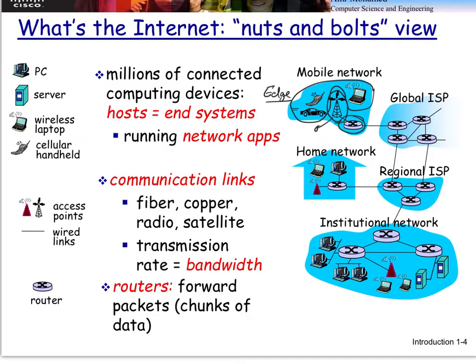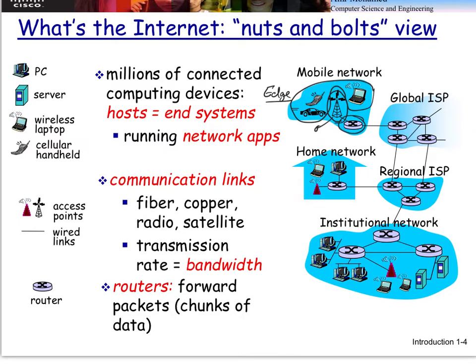Of course, from a geographical point of view, we call all of this a local area network, right? These are devices that have the same proximity and they are all connected to one router port.